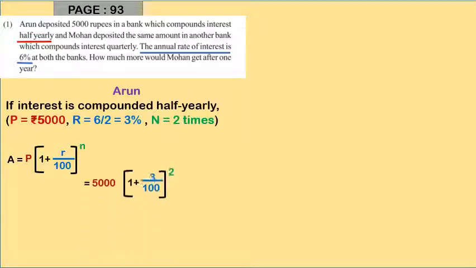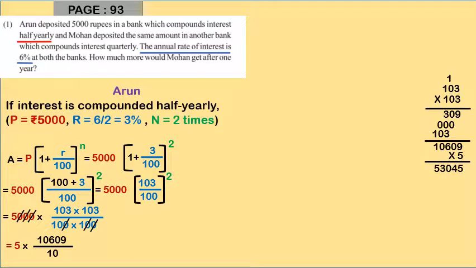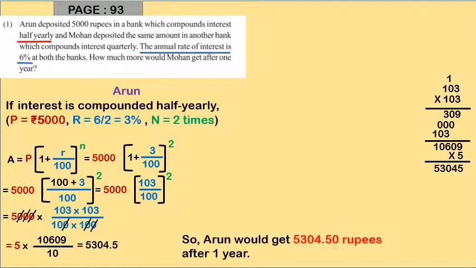Then substitute, we get 5,000 into 1 plus 3 by 100 all raised to 2. Then simplify, we get A equal to 5,304.5. So we can say Arun would get 5,304.50 rupees after 1 year.